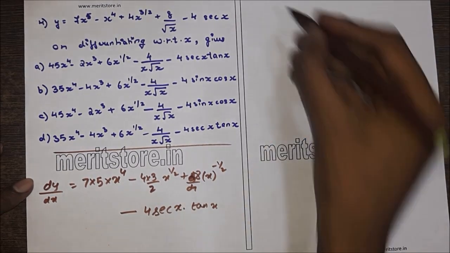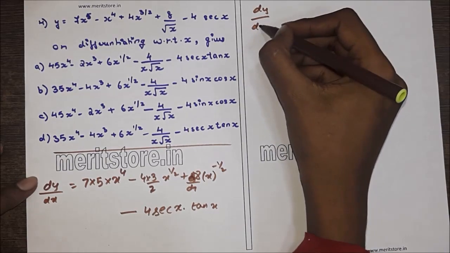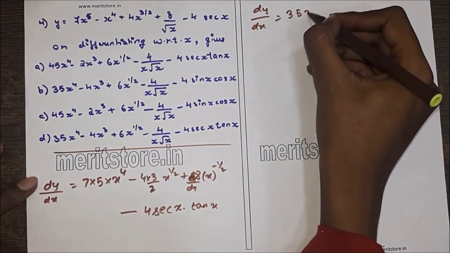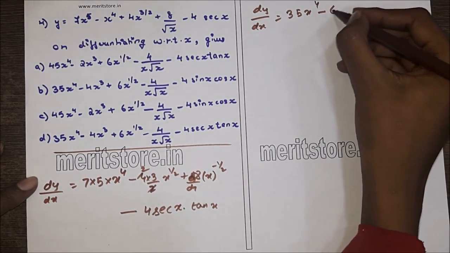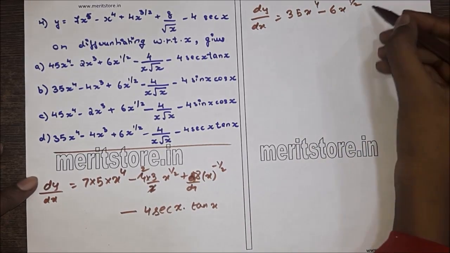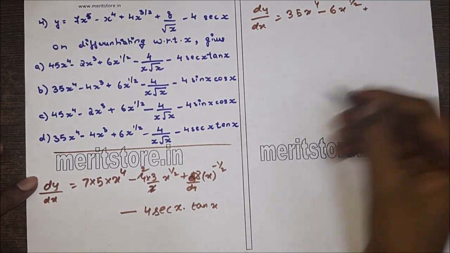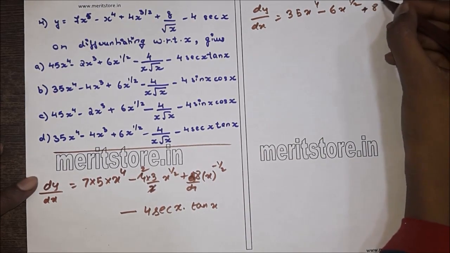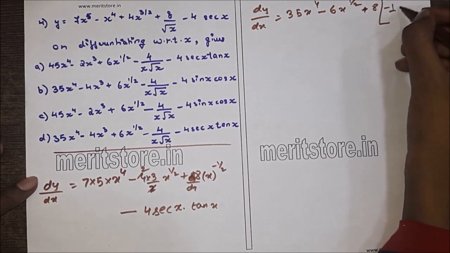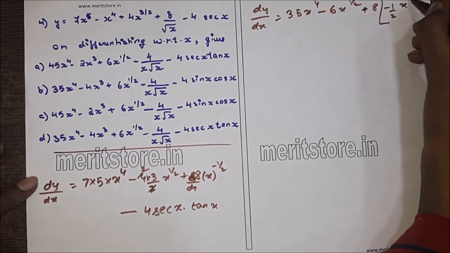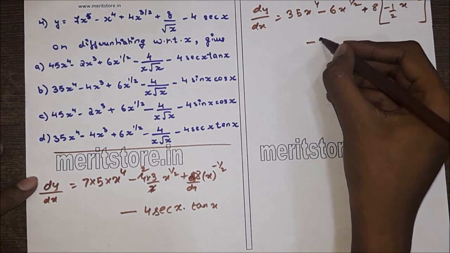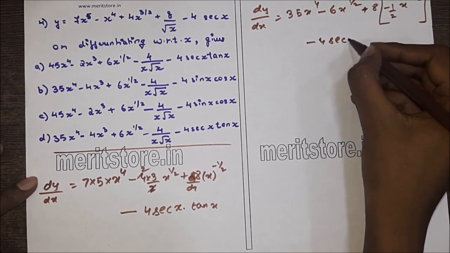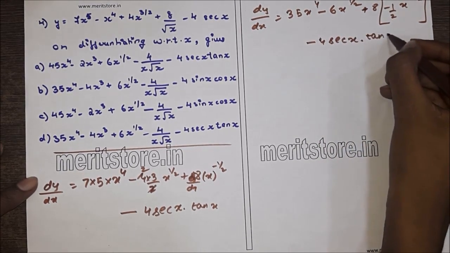We simplify it further, we get dy by dx is equal to 35 x raised to 4 minus 6 x raised to half plus differentiation of x raised to minus half is 8 times minus half into x raised to minus 3 by 2 minus 4 times sec x tan x.